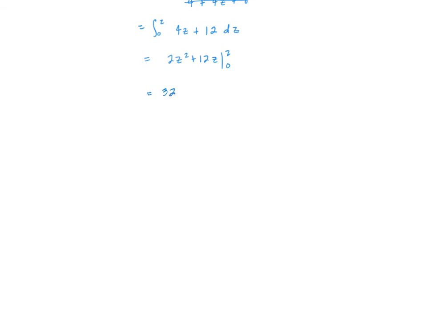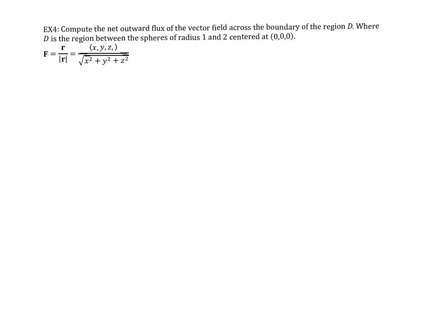So I'm doing a bunch of different examples so you can see different regions and also the different ways that a problem could be worded. The next example, example 4, is actually going to be the last example we're going to do.